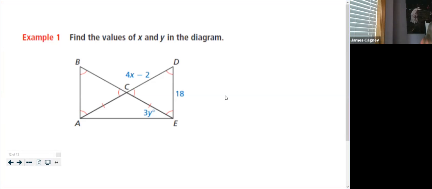And then these all have a mark in them. If you're not familiar with it, that mark means that they are exactly the same. This one is also marked. And then all of these angles are marked. When they're marked like this, then I know that they are exactly the same. Okay, and that is all I know about this. So I am going to be finding the values of x and y.